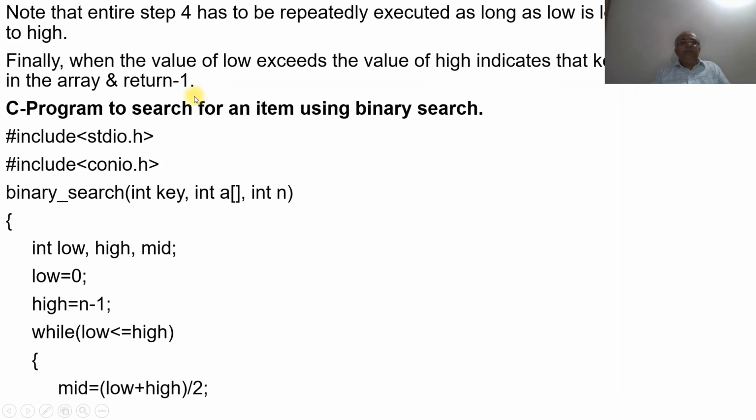So if it is not able to find the key element in any of these elements, then the item is not found. This is how we work with binary search. So this is the theoretical background of binary search, and in the next video, we will take up the C program to search for an item using binary search.